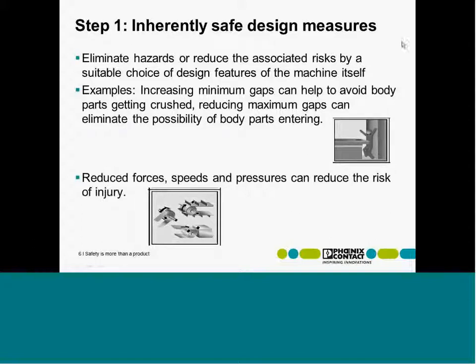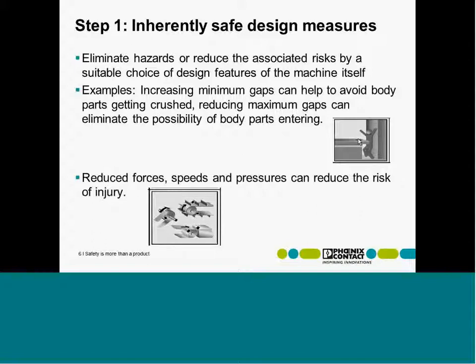A little bit about these 3 different steps for the risk reduction method. The first step, as we will start, is the so-called inherently safe design. To give you some examples, one possibility to reduce the risk is to minimize gaps, for example. Minimizing gaps or maximizing safety distances will lead to a safe concept.